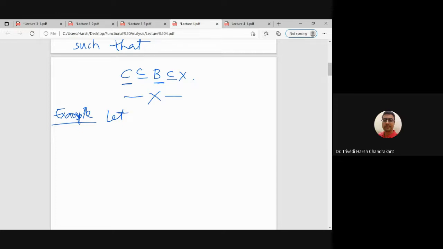If you have a vector space and want to study its dual space, then we study functionals. So let X and Y be finite dimensional.